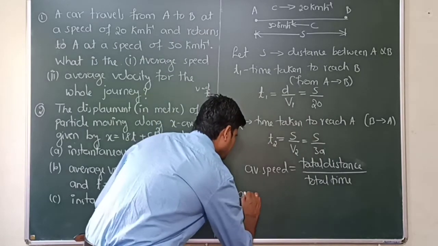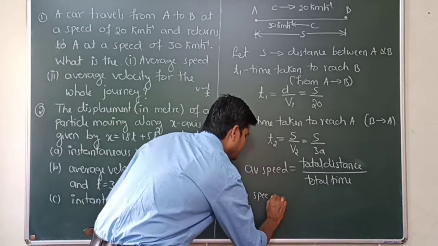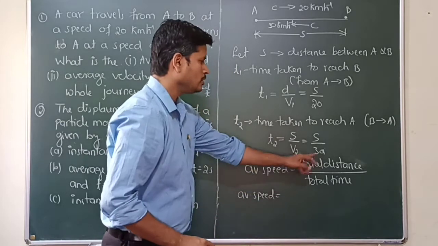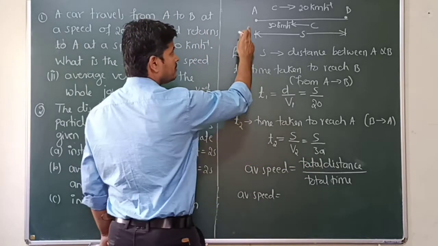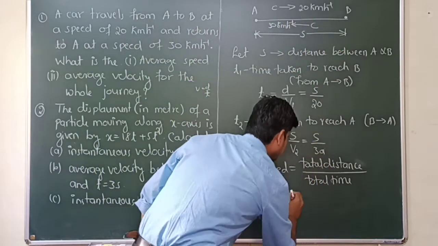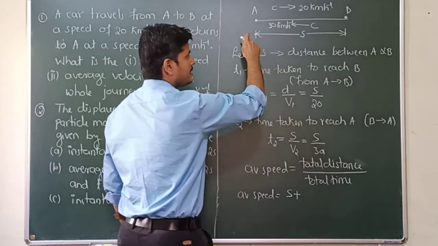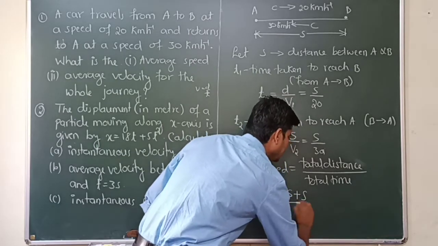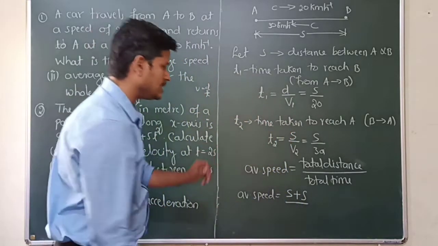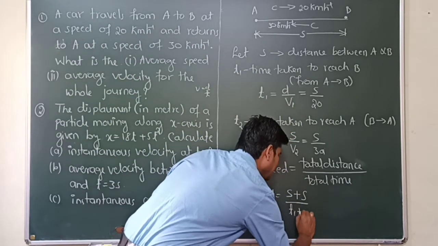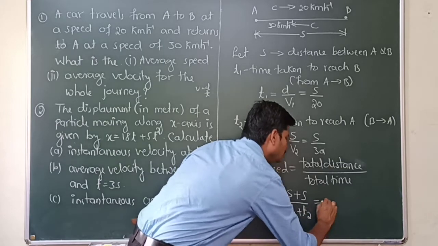Total distance is, first from A to B, that is S, plus from B to A, once again S, whole divided by total time taken T1 plus T2.